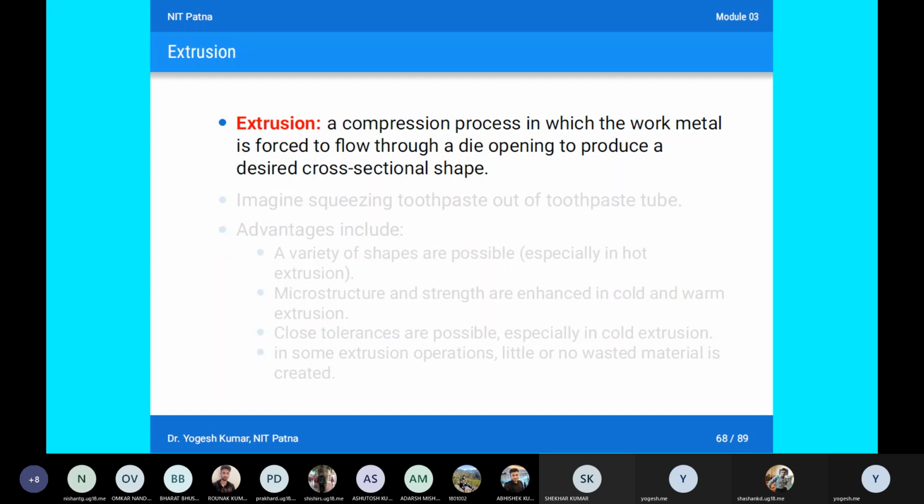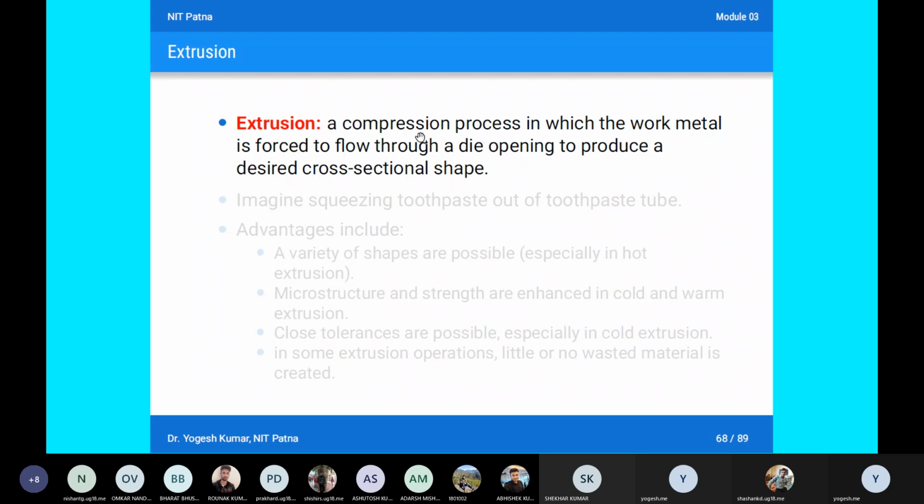In your houses you might have seen L-shaped steel bars. Those steel bars are produced using extrusion processes. Those L cross sections, or even girders, in the roof of old buildings you might have seen girders. So these kinds of cross sections are produced using extrusion processes.